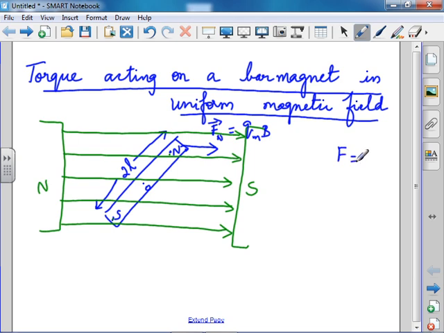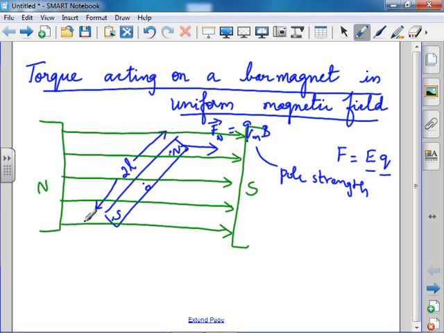F is equal to EQ. Q represents the charge, E represents the electric field. Here the magnetic charge is represented by the letter QM, which is nothing but the pole strength. And B represents the magnetic field.